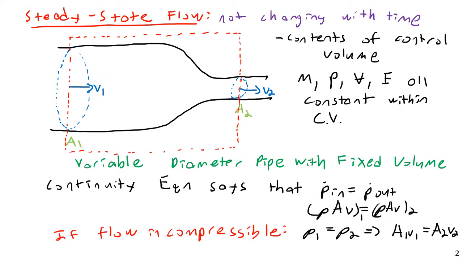Okay, so let's ask a few more questions about this. And again, we know that large area equals small speed, and the corollary, small area equals large speed.